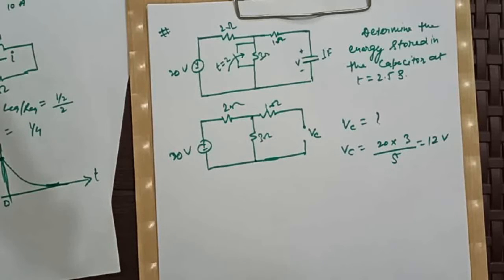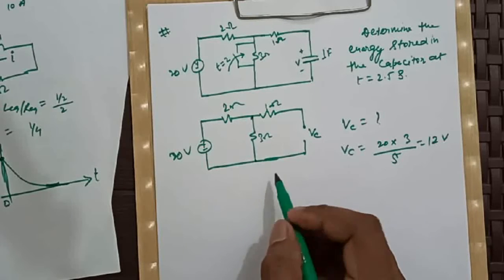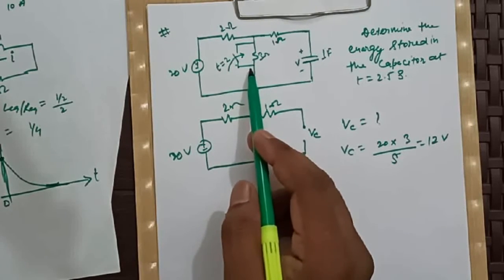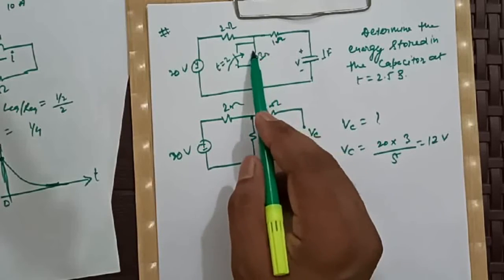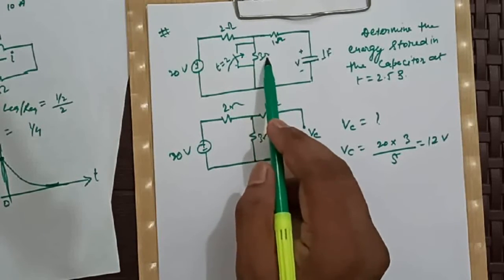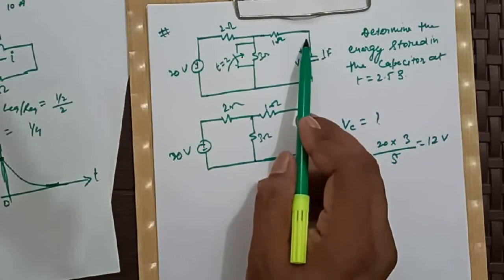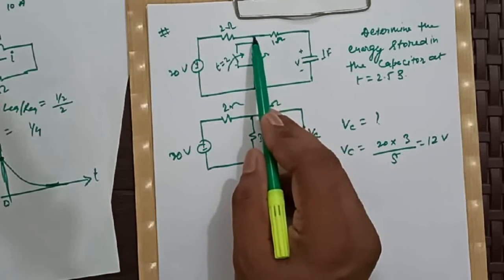Now at t equal to 2 seconds, we are closing this switch. After closing this switch, this resistor will get short circuited, and the capacitor will have a path to dissipate its energy.